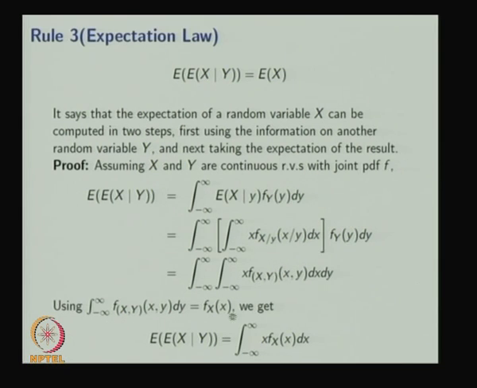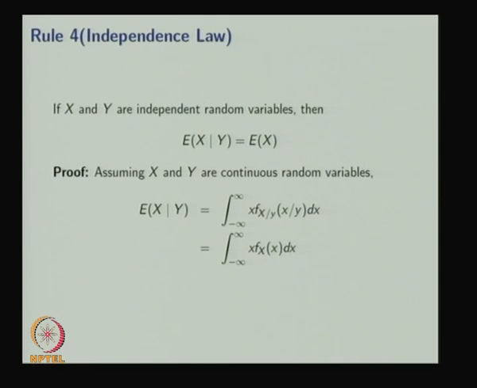Now this integration gives f of x, the marginal. Therefore it is the integral from minus infinity to infinity of x times the marginal probability density function of x, therefore you will get the expectation of x.